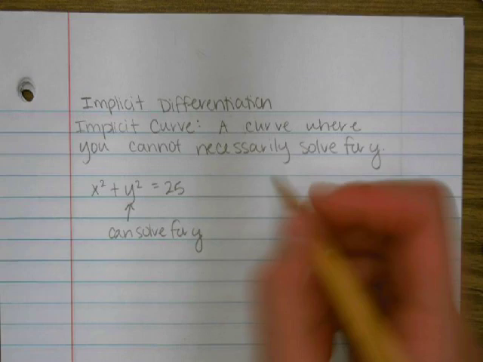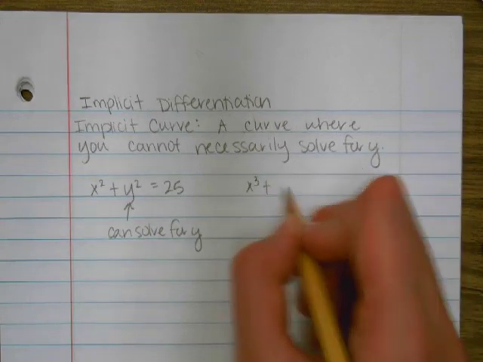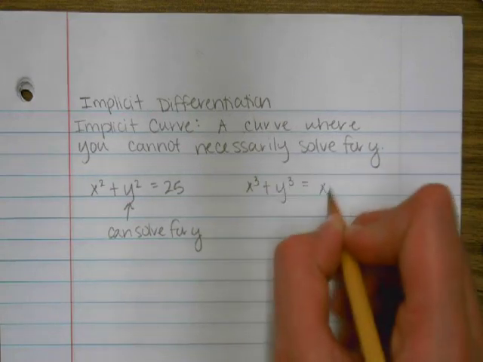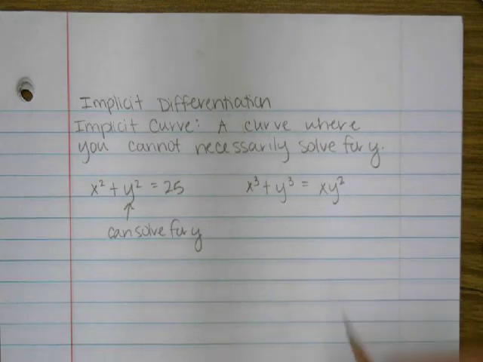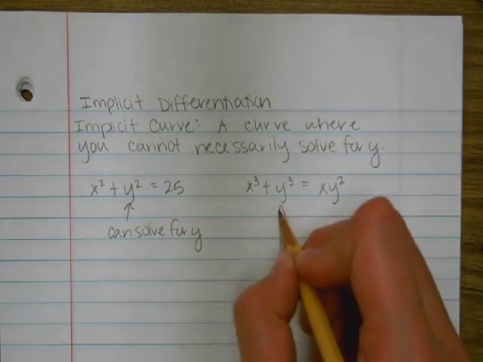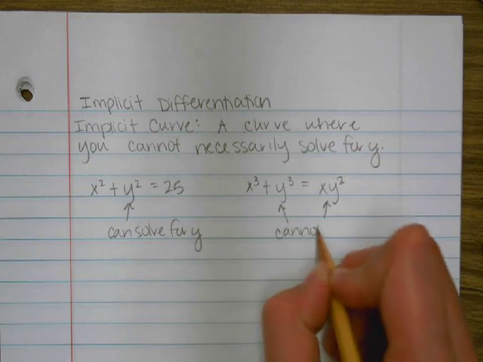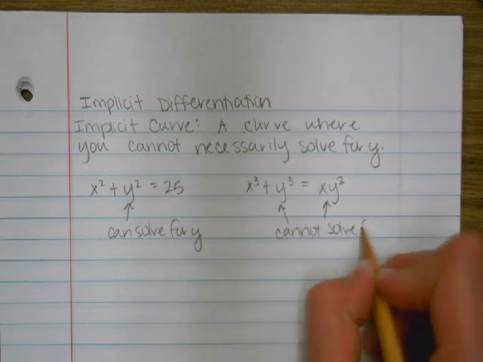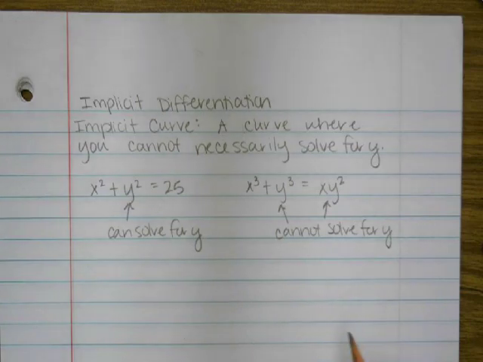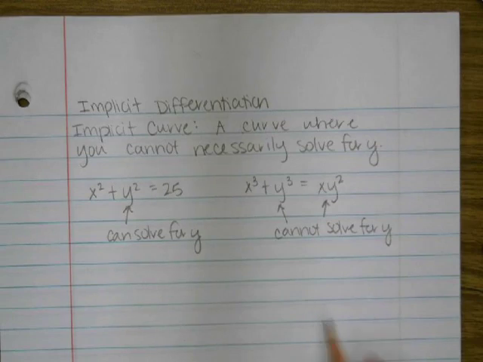But then we have other equations like x to the third plus y to the third equals xy squared, and that would be a little bit harder to solve for y. Both of these forms are easier to find the derivative for if you use implicit differentiation as opposed to rules that we've learned in the past, okay? So it's easier to do it that way.